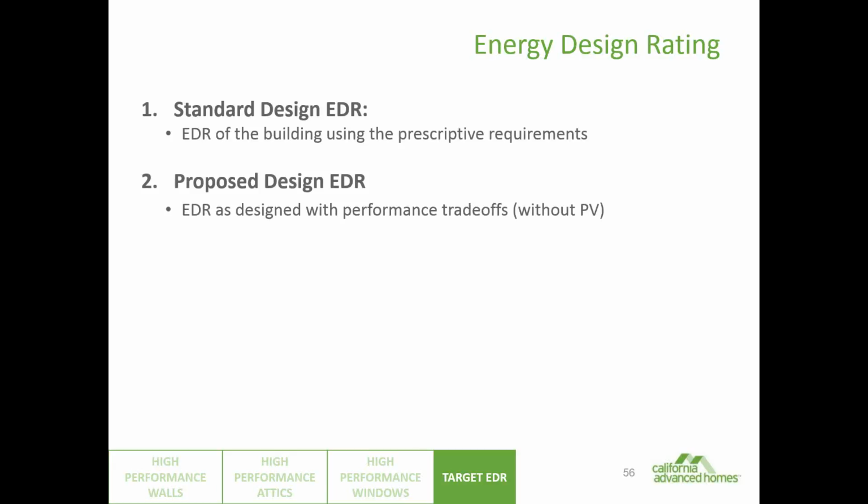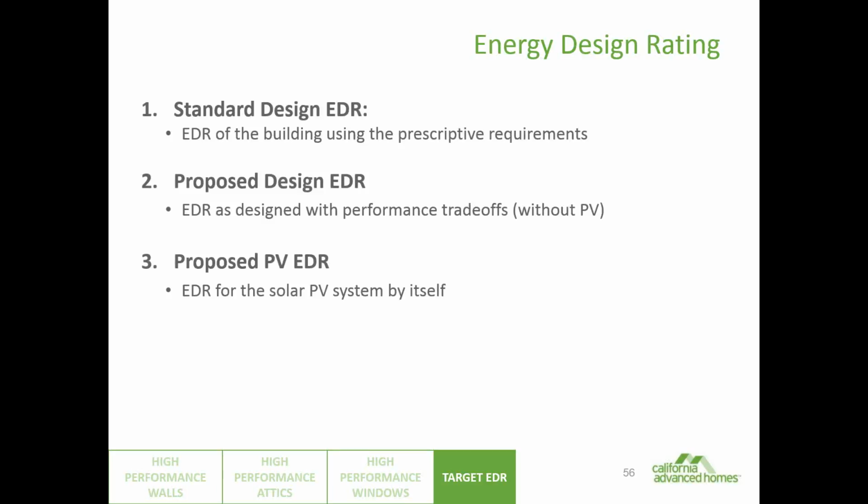It's the EDR as the building was designed with performance trade-offs, and that's without factoring any PV into it. And then there's a proposed PV EDR. And what I see in 2019, and I'll show you a slide of this in a minute, is this could be a proposed PV plus battery EDR, and they're going to be assigning some value to batteries and how that affects your EDR.